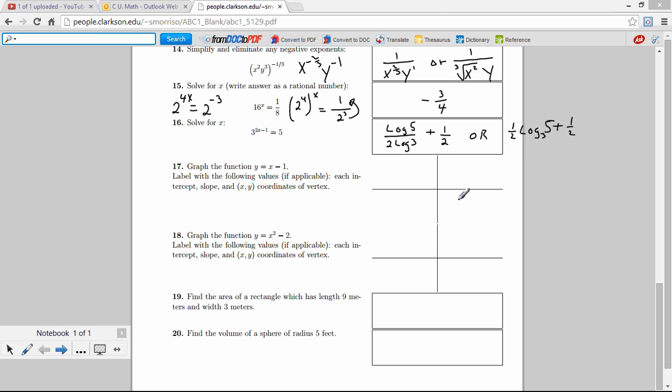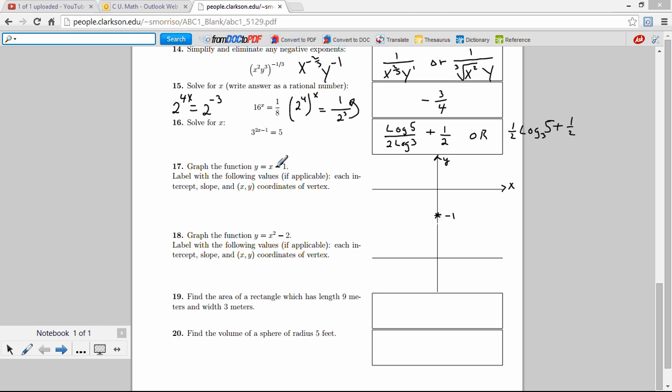17 and 18, moving into the graphing questions. Of course, this was pretty straightforward. It was all set up. You didn't have to do any work to solve it for y. What we do want to point out here is getting a good workable drawing. Your y-intercept is -1, so I would identify that down here as being -1.